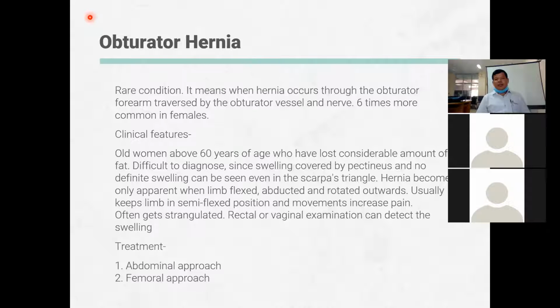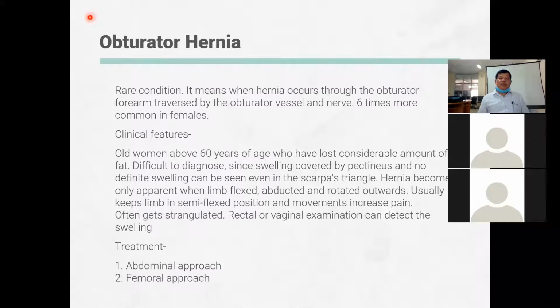And otherwise, for a patient with pain or a mild swelling, without signs and symptoms of abscess or other inflammatory signs, we have to go for investigations, mainly sonography, along with either CT or MRI, which will help us to detect such a hernia. Otherwise, it is very difficult clinically to detect an obturator hernia.